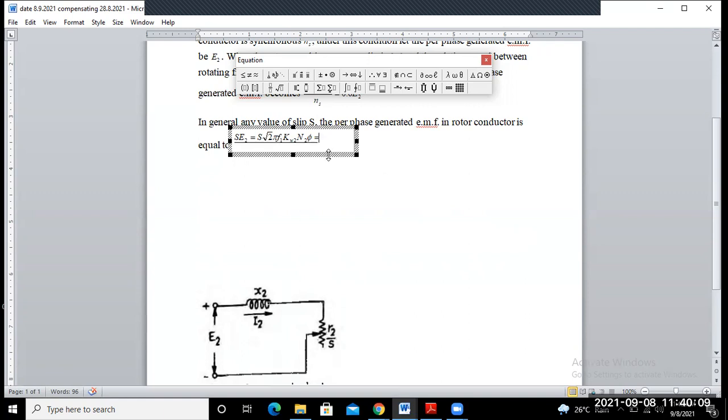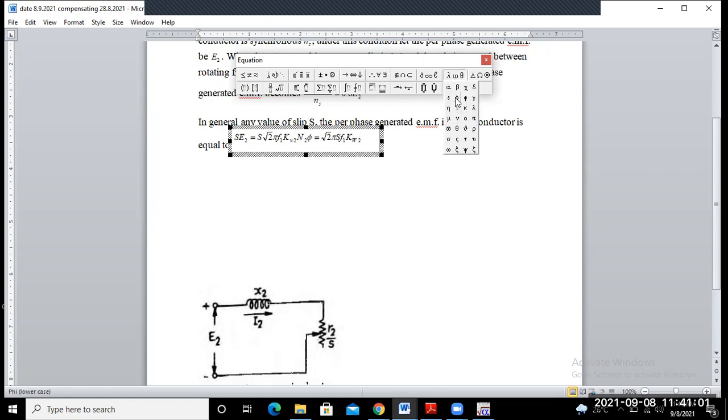So just root 2 pi S F1 into KW2, the winding factor, into N2 into phi, the average flux per pole.